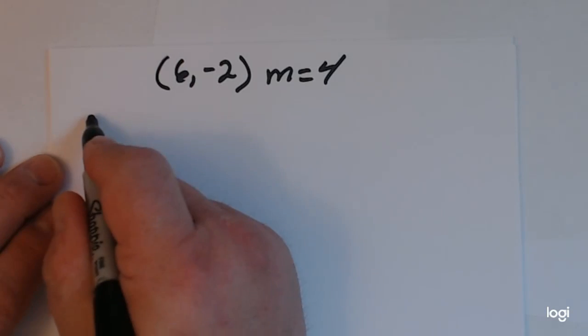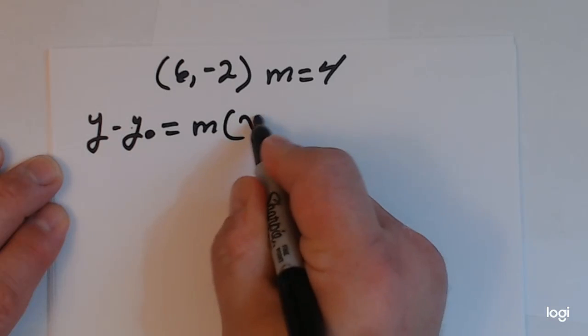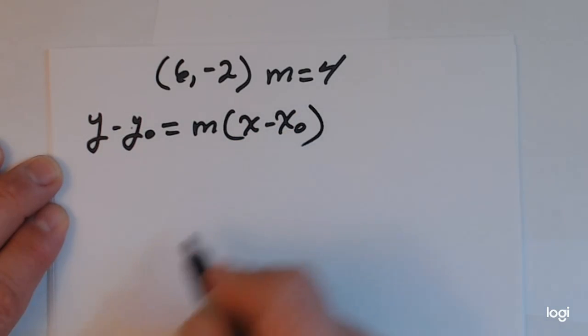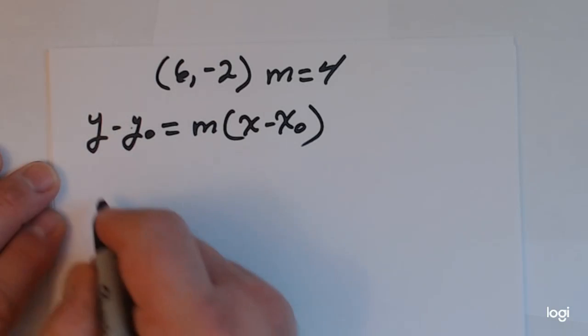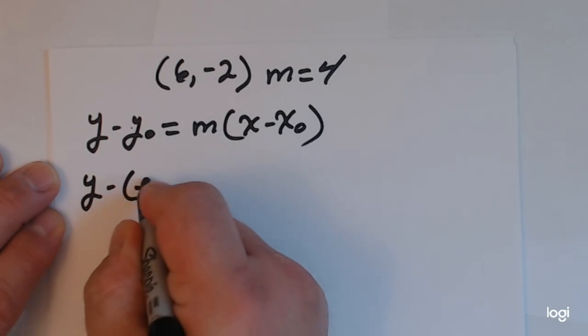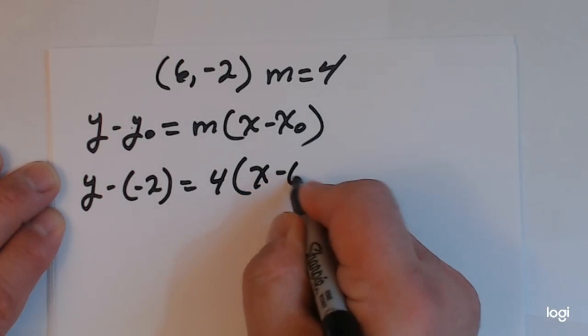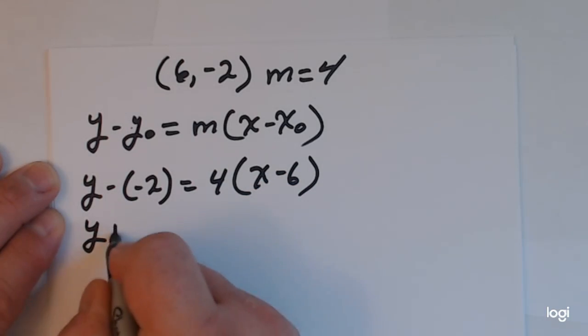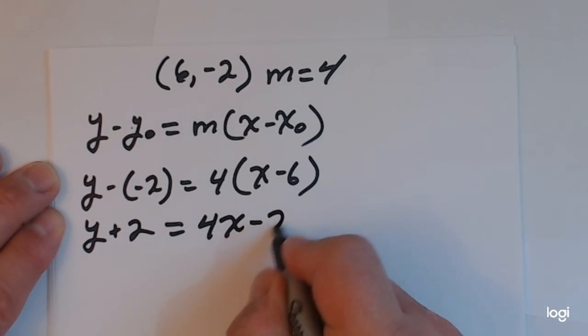All right, so we have y minus y naught is equal to m times x minus x naught. So y minus negative 2 is equal to 4 times x minus 6. So y plus 2 is equal to 4x minus 24.